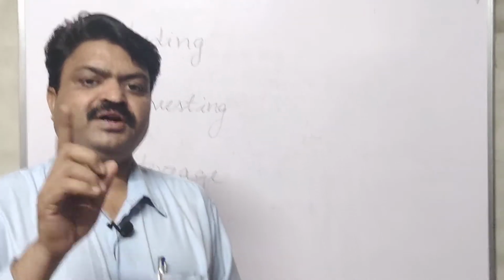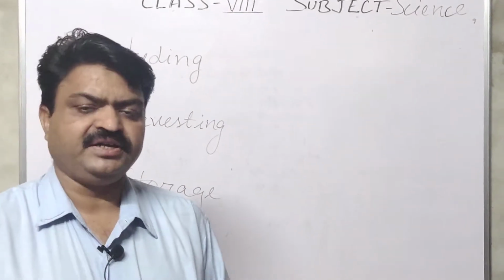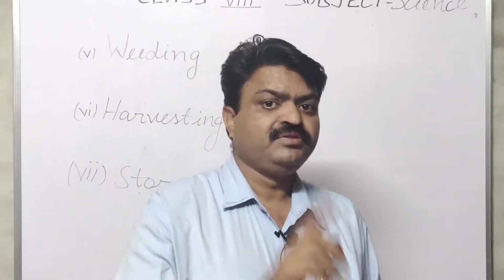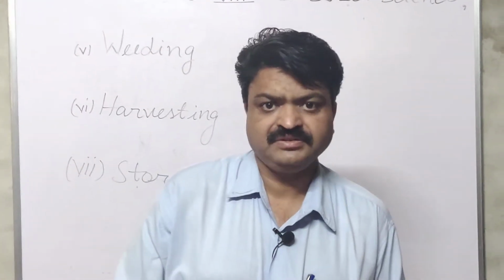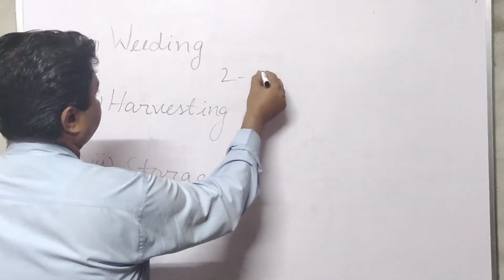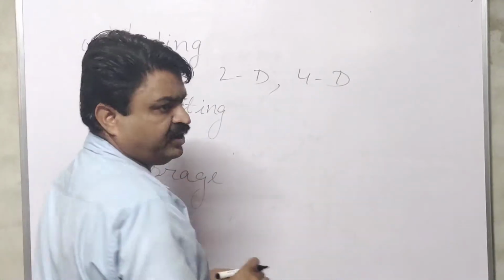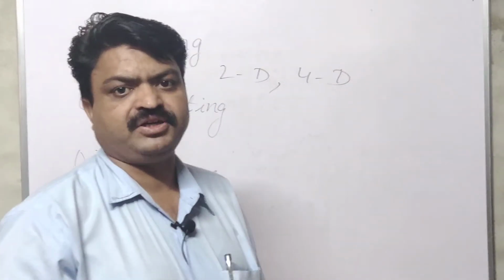That's why the farmer should protect himself or herself from the weedicides. Now there are two weedicides given in your book. It is 2,4-D. 2,4-D is a weedicide, student.